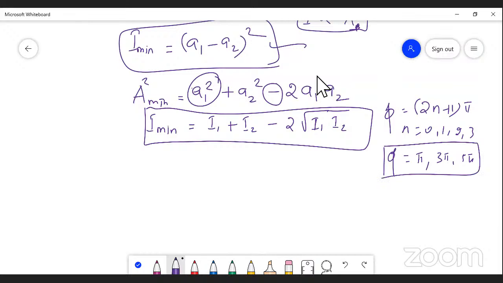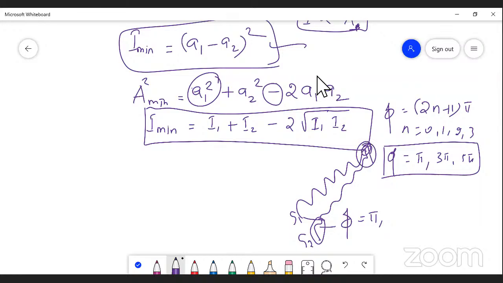Consider the phase difference between two waves at a point P, where this is source S1 and this is source S2. If the phase difference value is equal to pi, the point P must be destructive interference.